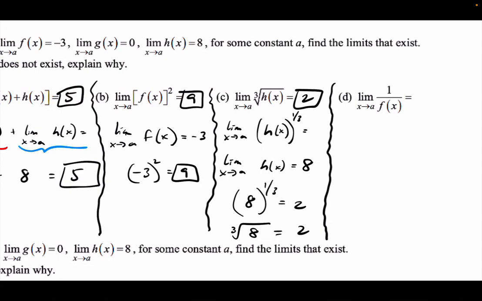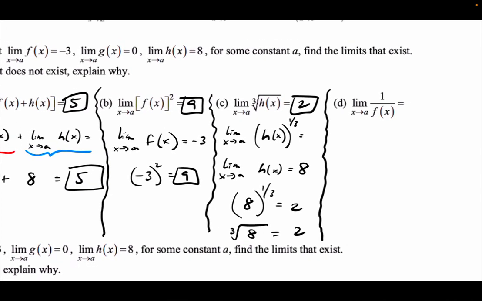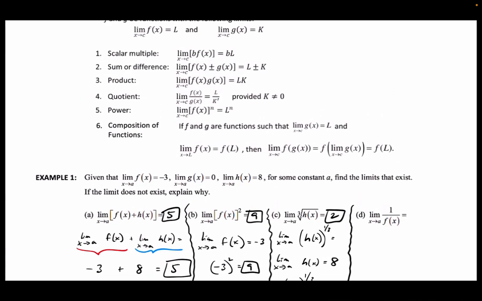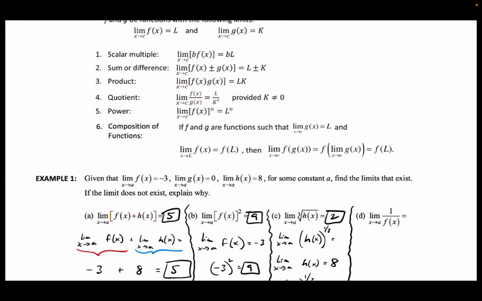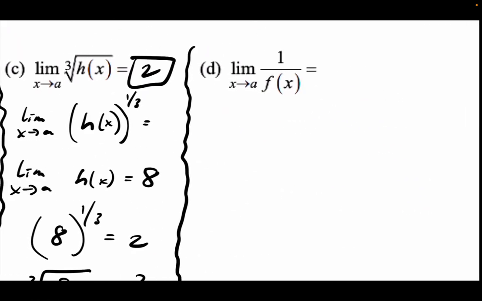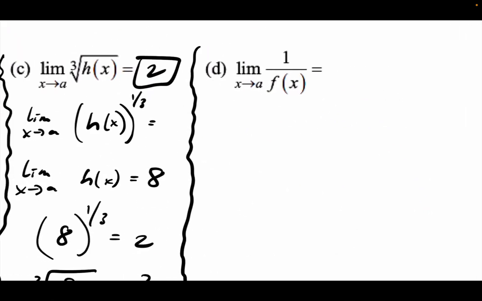Letter D, 1 over f of x, so it's a fraction. We do have a quotient, right? So there are actually 2 ways to do letter D. One is using the quotient rule. One is using the power rule. So let me start with the power rule. The power rule moves this up front, up top.